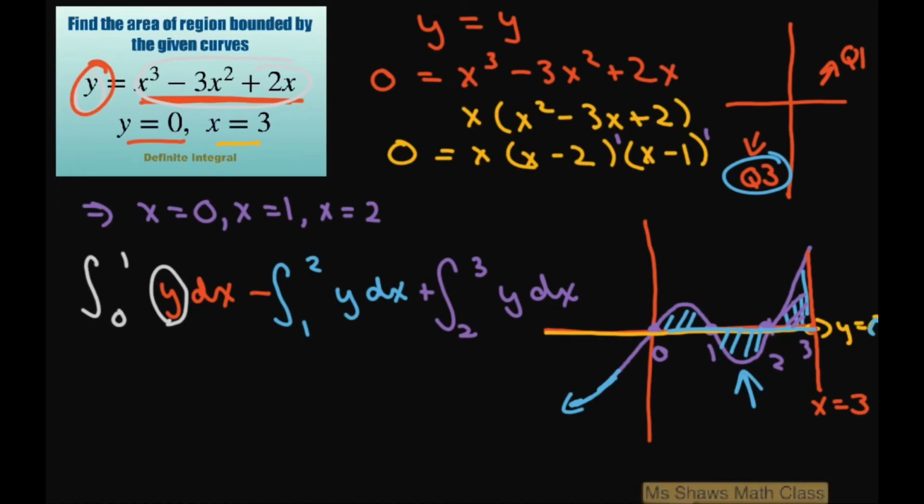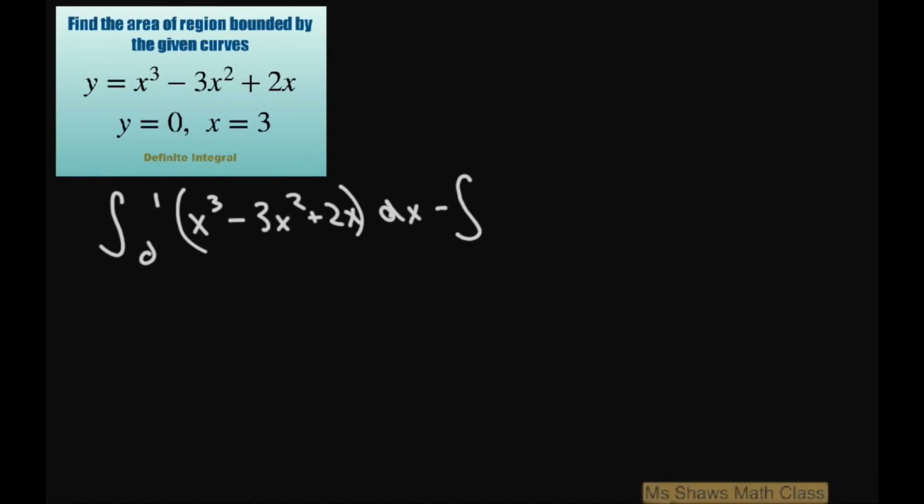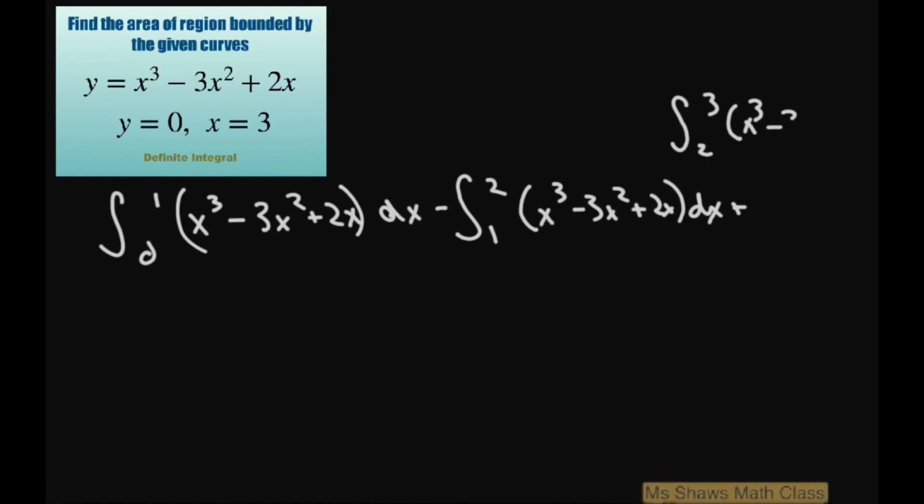So we're going to get the integral from 0 to 1 of x cubed minus 3x squared plus 2x dx, minus the integral from 1 to 2 of the same, and then plus the integral from 2 to 3 of x cubed minus 3x squared plus 2x dx.